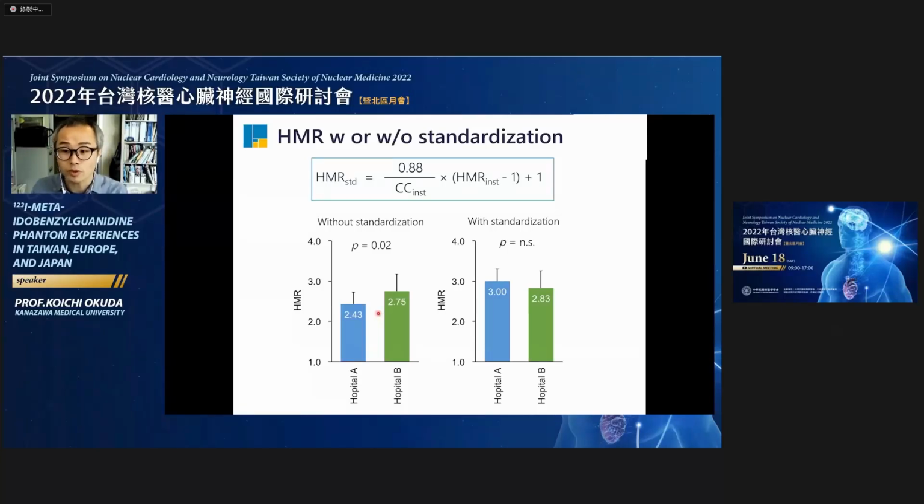A significant difference was observed between two values. After standardization, average HMR values showed no significant difference between two hospitals. The important point here is that standardization is necessary to compare HMR values between hospitals.